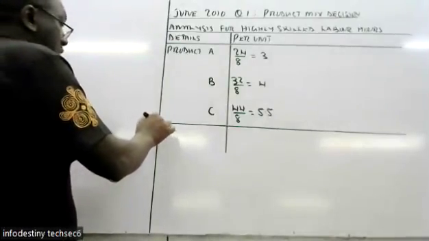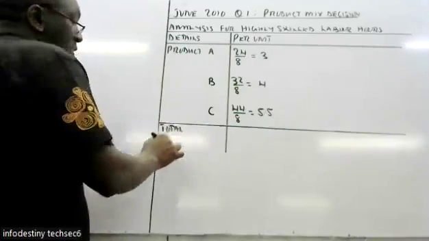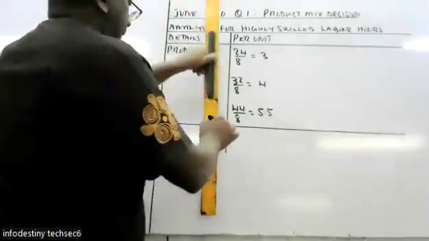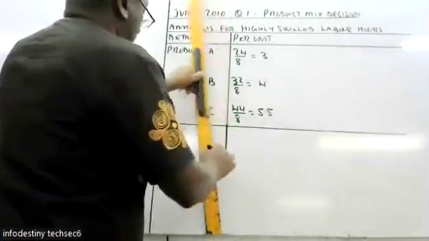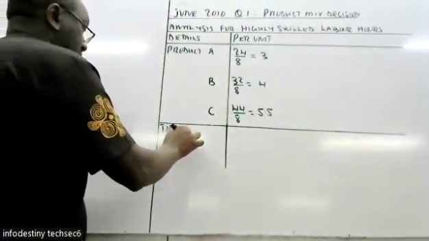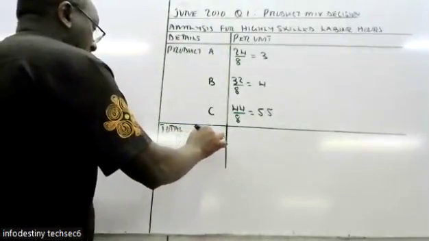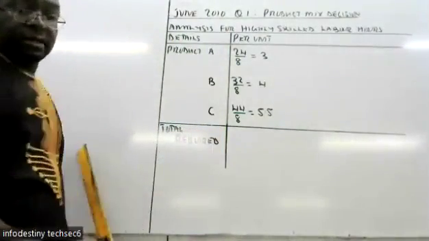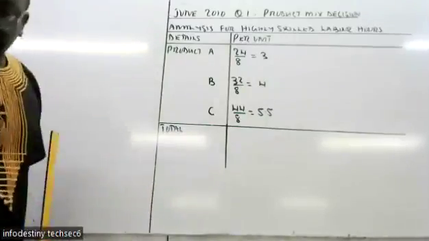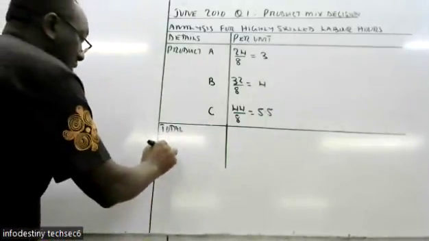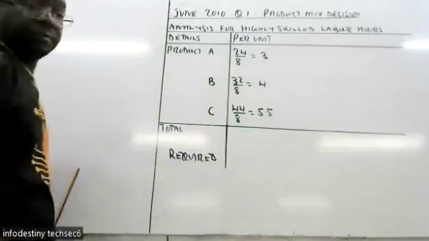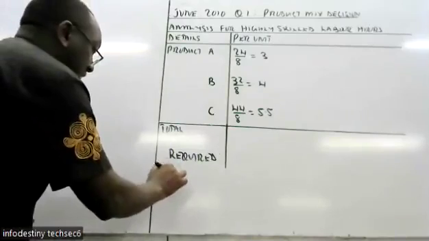So we will get the total. Now this total, we will get the required space there. I'm saying we will get the required here. Then we will get the available.